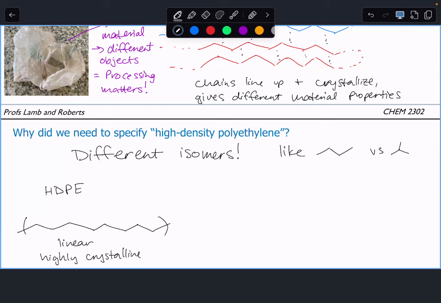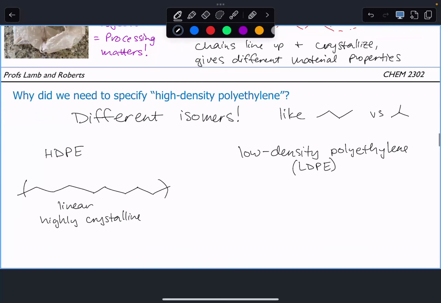But that's not the only one. We can also have low density polyethylene, or LDPE, which is branched. So we still have a backbone like so, but in addition to that linear backbone, we have these branches.